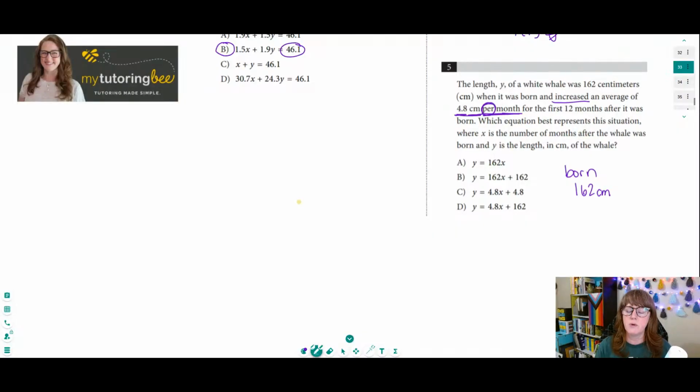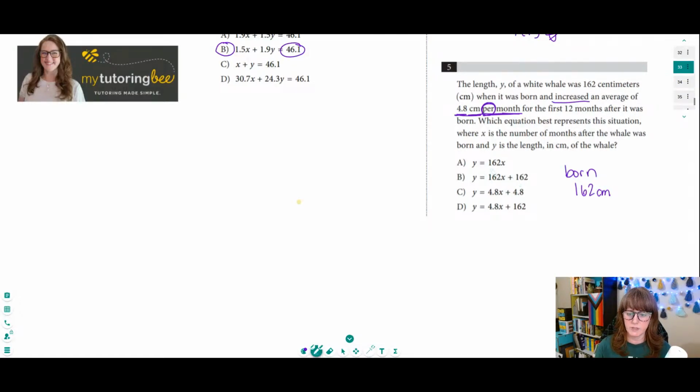Whenever you see a number that is per or each, something that is happening over and over and over again, then that number is going to be multiplied times a variable, typically, especially when we're talking about equations that have two different variables like x and y, like this one does.